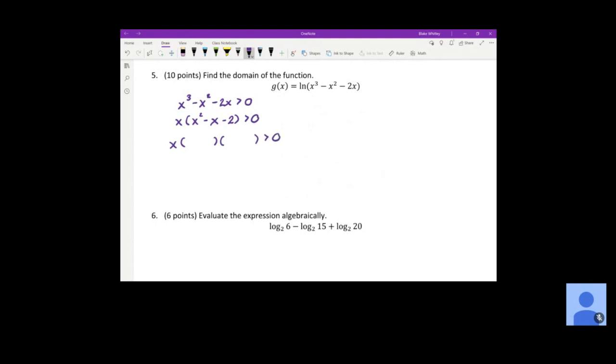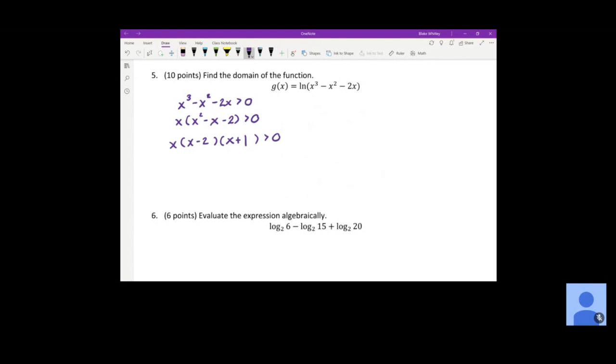So how's that x squared minus x minus 2 going to factor? Good. X minus 2 and x plus 1. So there's our factored form.